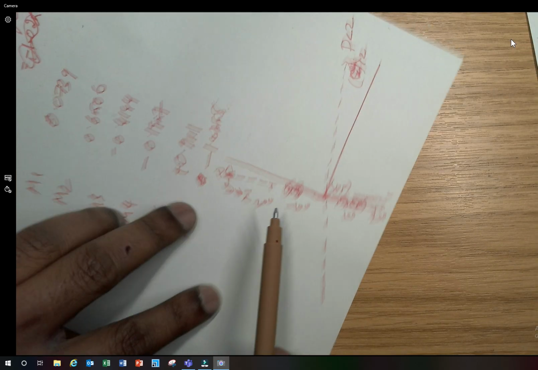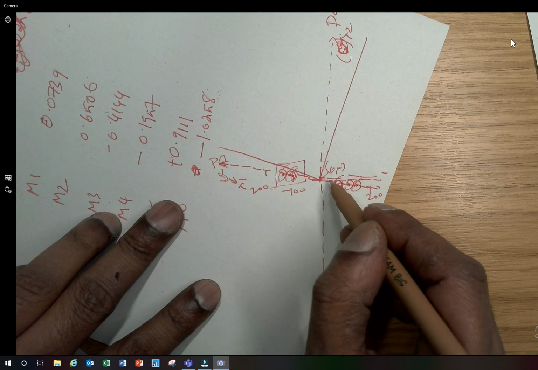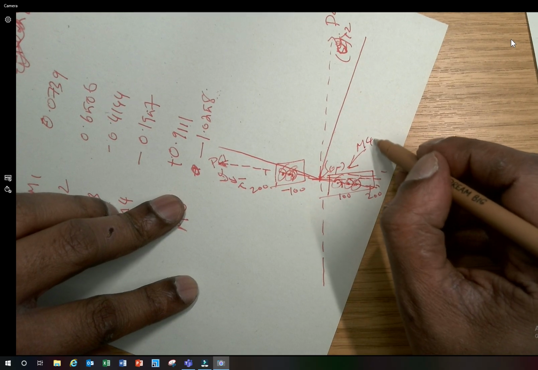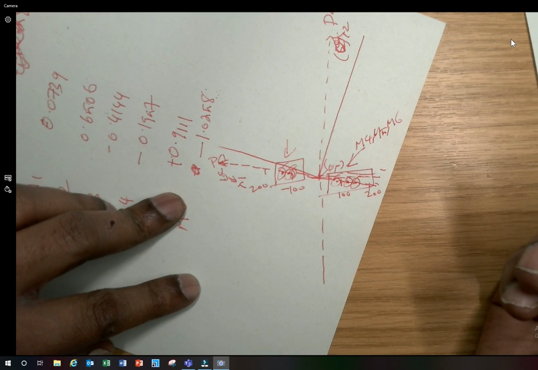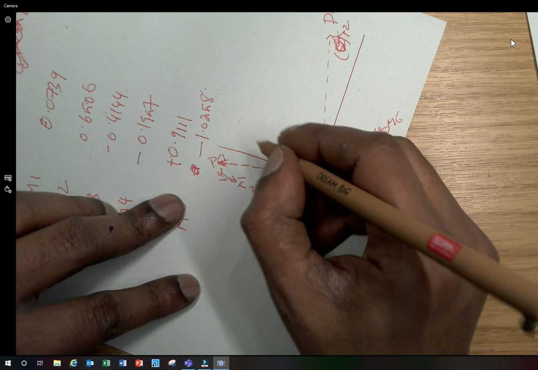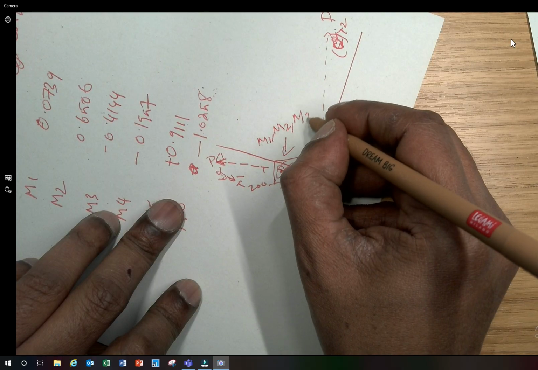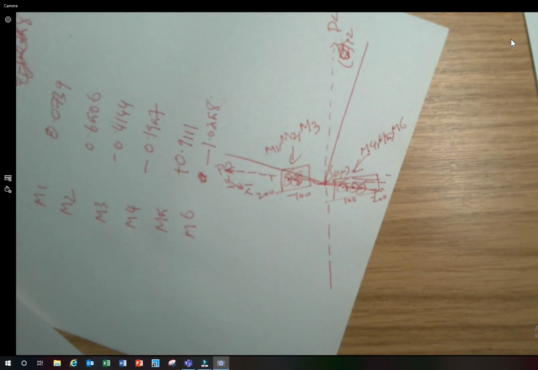So these are the projected values, just follow the pen. These are M4, M5 and M6, and these are M1, M2 and M3.